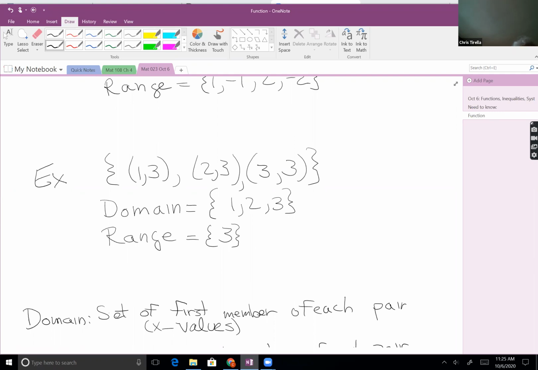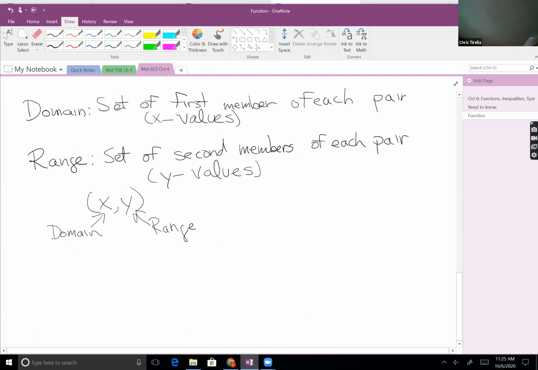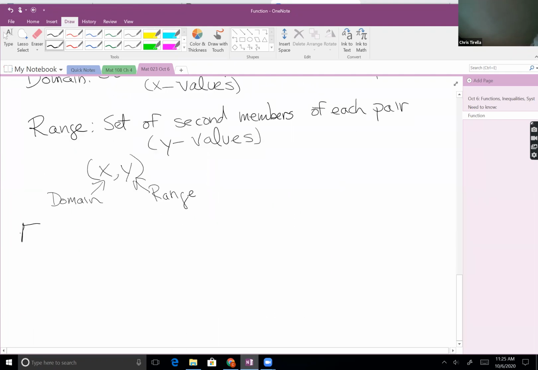All right, I want to fit one more definition at the bottom of this page. And that's what we said we were going to talk about today, a function. And a function is a relation. So a function is just a set of ordered pairs, but it's got something special going on.